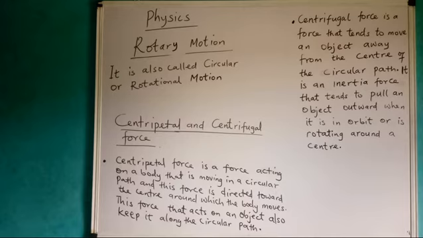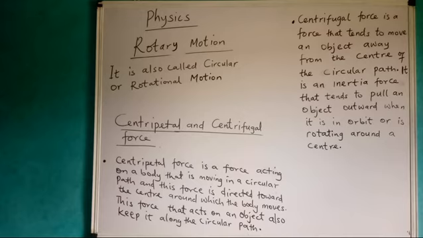But the centrifugal force keeps the body away. It does not allow this body to remain on the circular path. Now, let us look at the centrifugal force. What is centrifugal force? Centrifugal force is a force that tends to move an object away from the center of the circular path.